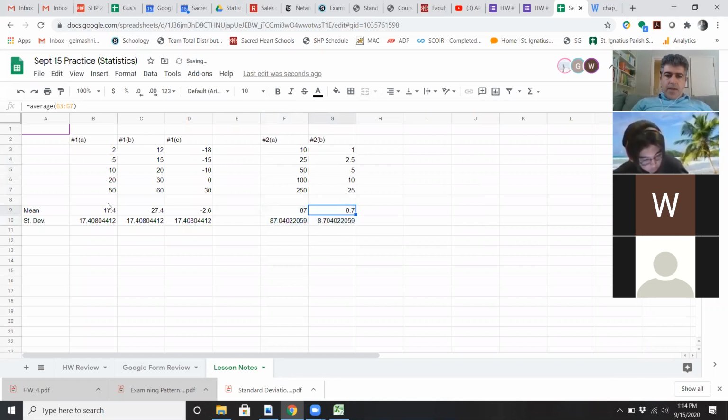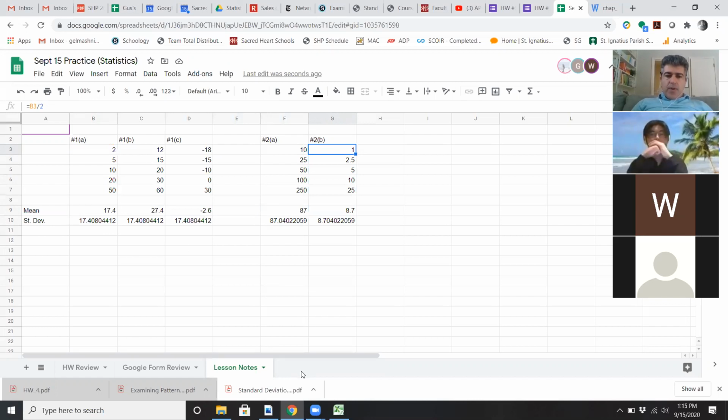So notice how now this got divided by 2, and this got divided by 2. So we see that standard deviation is altered because now these are not as spread out anymore. They're a little bit tighter, right? Before it was 2, 5, 10, 20, 50. Now it's 1, 2.5, 5, 10, 25. So we reduced the variability by dividing.